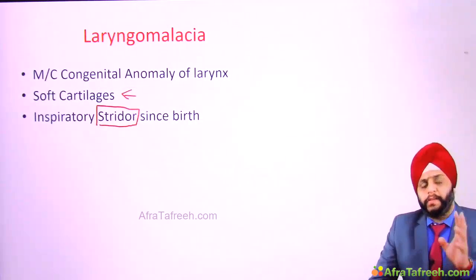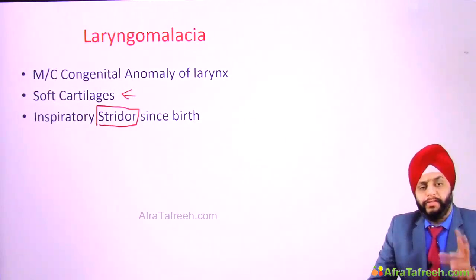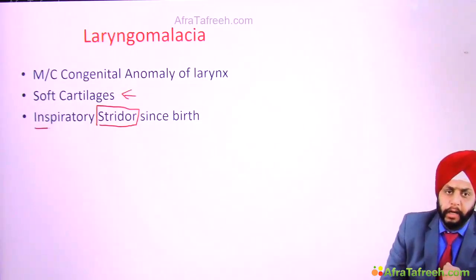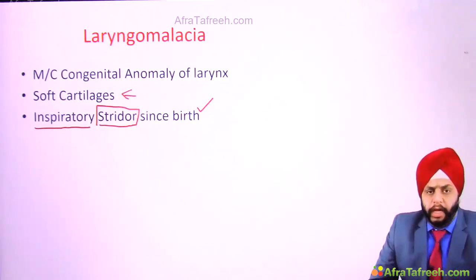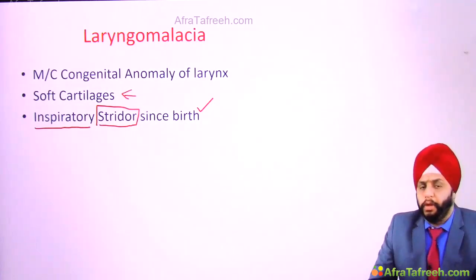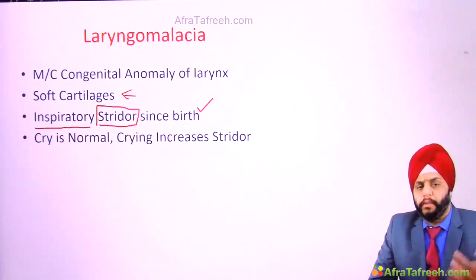So expiration is normal, but the collapse of the airway is during inspiration. So the patient has inspiratory stridor right from birth. Expiration is normal, which means the child's cry is normal.